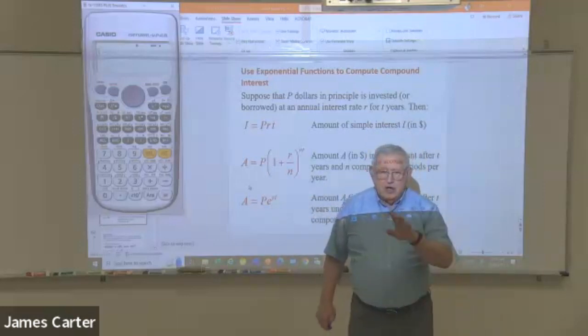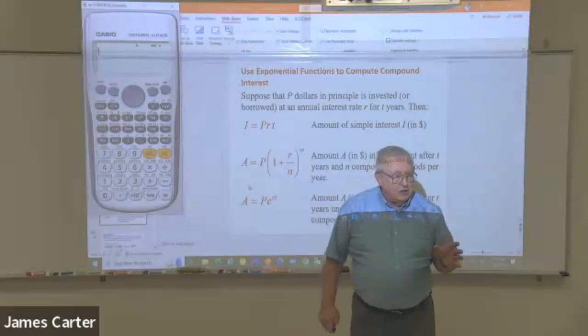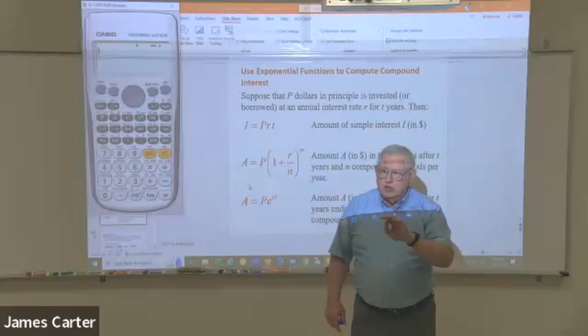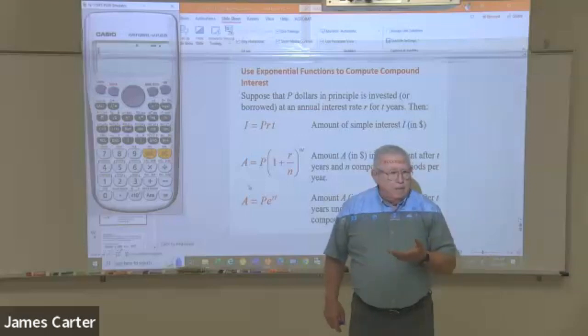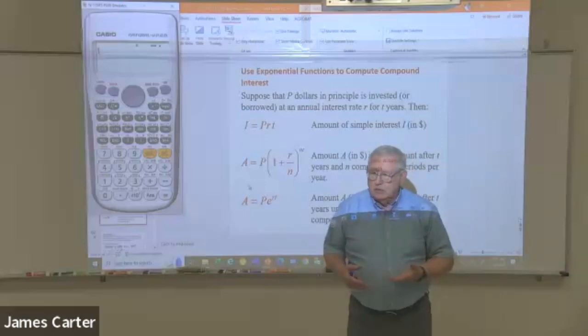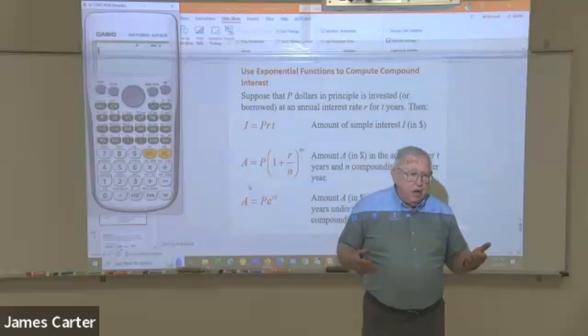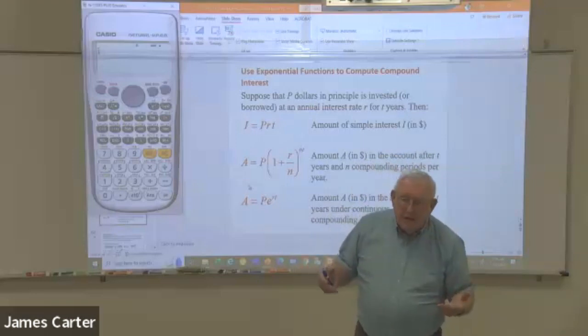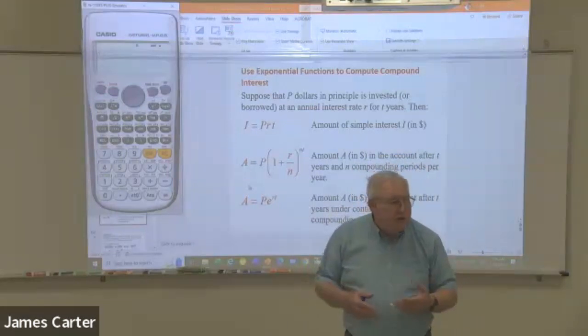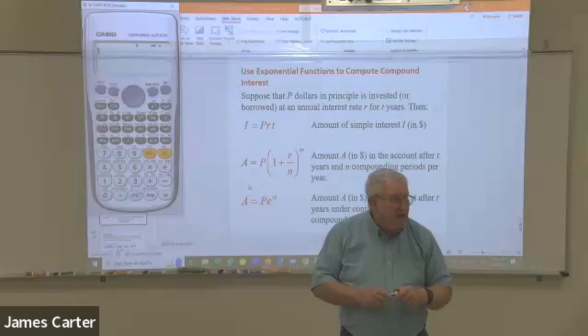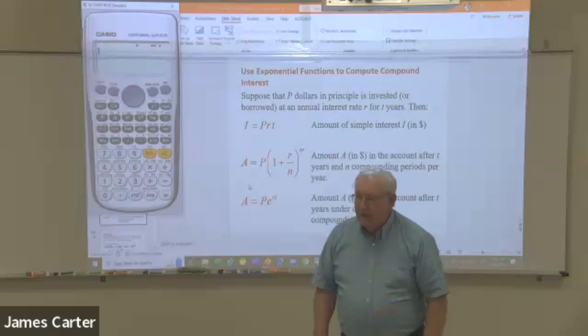Now, in some years on the final, we've had a question. It gave you the principal, it gave you the rate, it gave you the number of years, and it told you how it was calculated, whether it was continuous or whether it was compounded at some rate. And in that problem, it can make a few cents difference between 365 times a year compared to continuous.